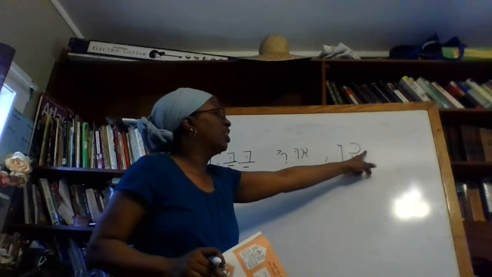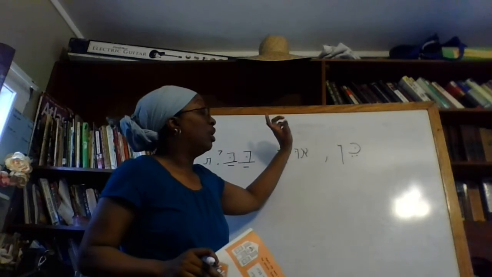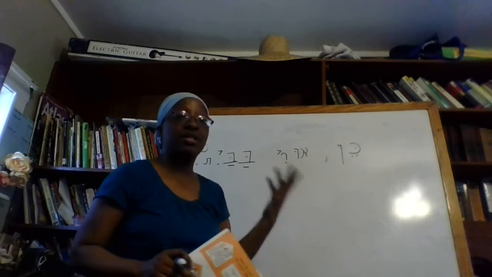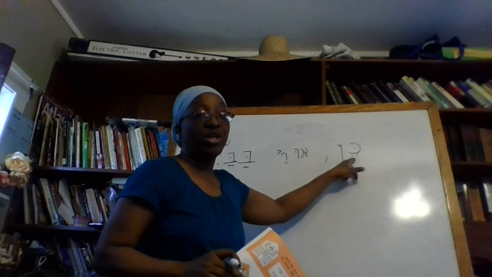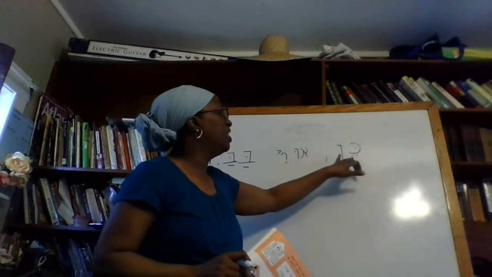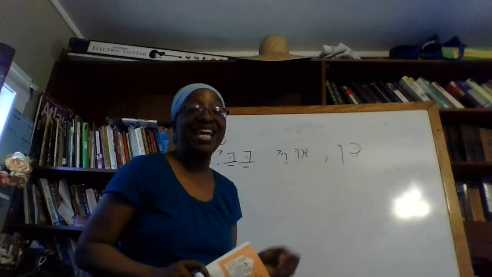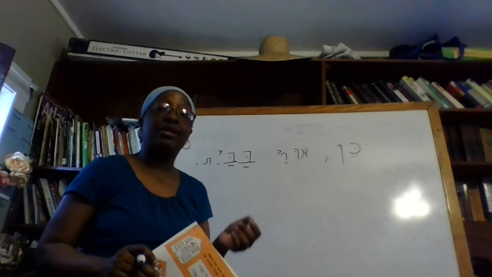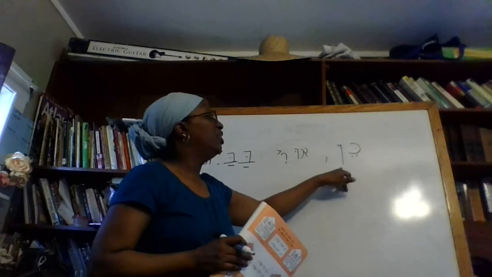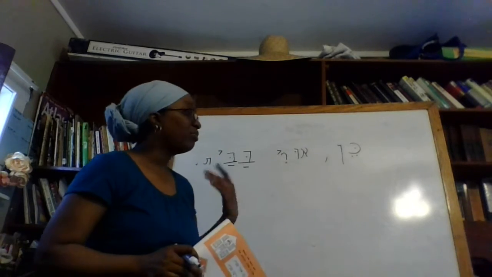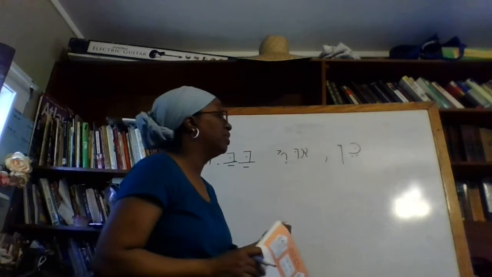So you see the kaf with the dagesh that makes the k sound. You see the vowel under it. This is one of the vowels we didn't go over. But these two dots side by side make the eh sound, just like the three dots going diagonal. This is the noon sofit. So this is how I would pronounce this.